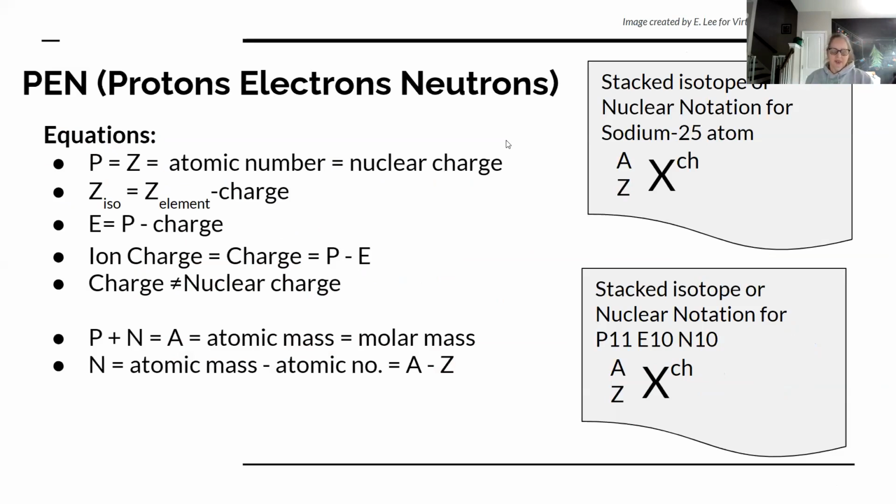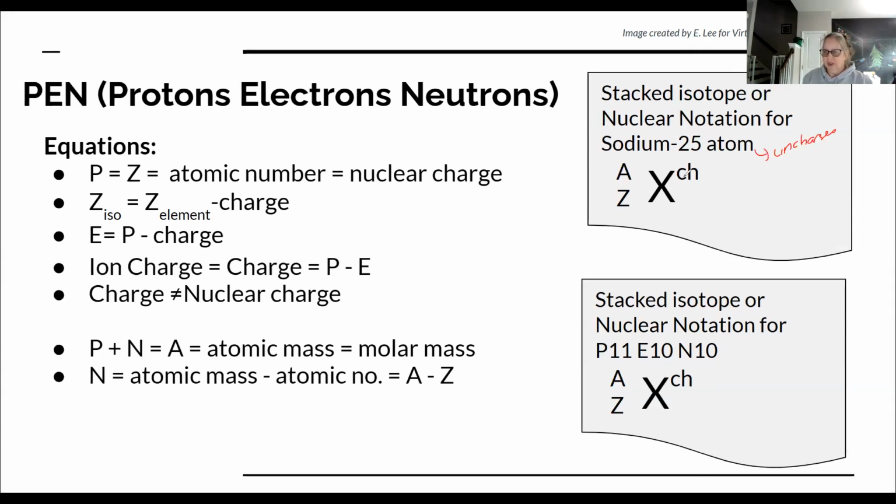So here we have a set of equations that hopefully you have in your notes. You will have to memorize them so you know both the key terms and also how to find things. So what is the stacked isotope or nuclear notation for the sodium-25 atom? Atom means it's uncharged, so now I know my charge is going to be 0.